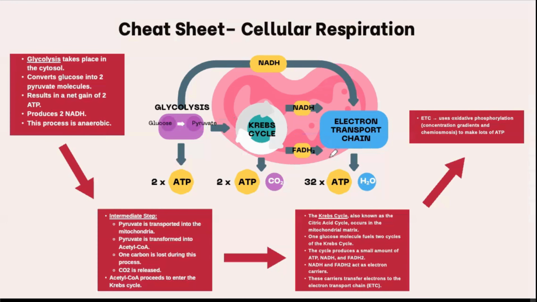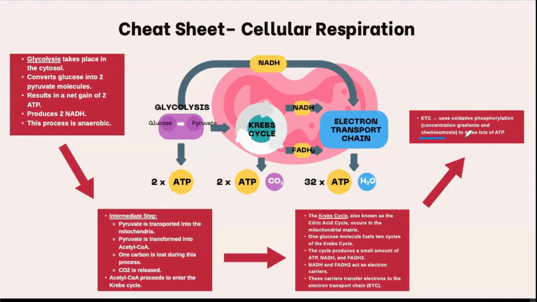Now, in this final step, we're taking the energy that's being produced, essentially the NADH and the FADH2 from both glycolysis and the Krebs cycle, to really pump out that final step. This final step, which is probably the most important step of breathing, is called the electron transfer chain. It uses what's called oxidative phosphorylation, which we're going to cover in the later part of this video.